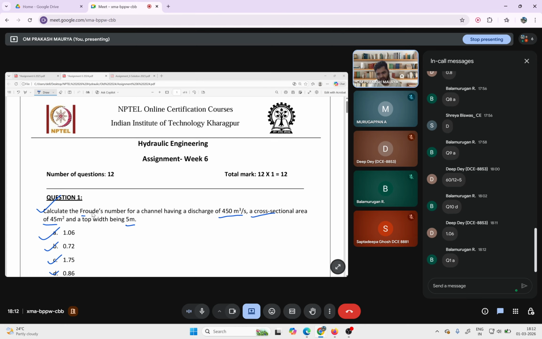Cross-sectional area is given, top width is given, so very easy. Another student is telling 1.06. At first calculate D is equal to A by T. Yeah, this is the way you can go.